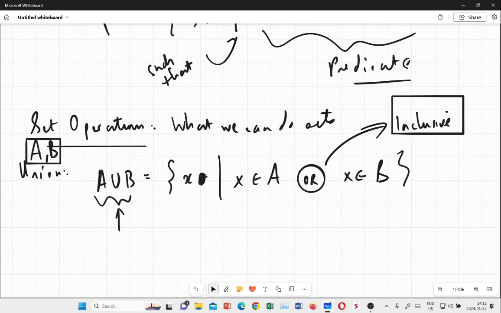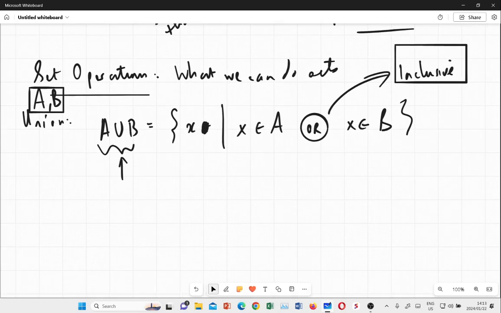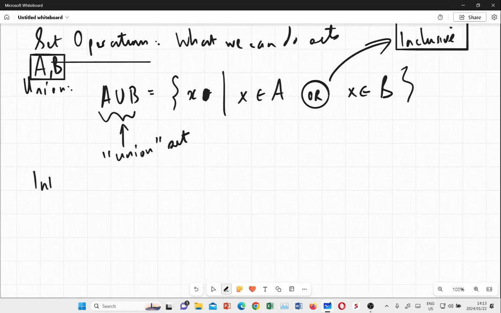So it's the elements that are either in A or B or in both of them. That is the idea of pulling two sets together to get a larger third set called the union set, which we denote as A union B. It's the analog of adding numbers.